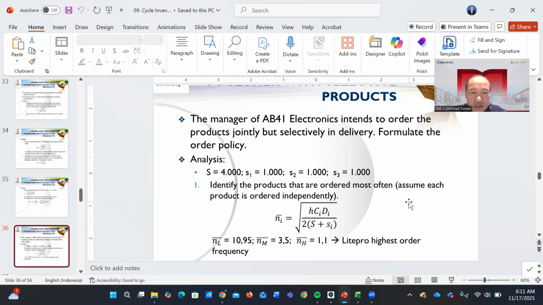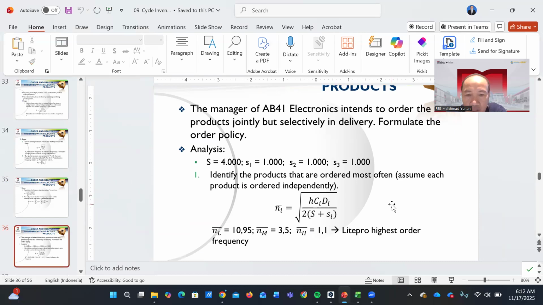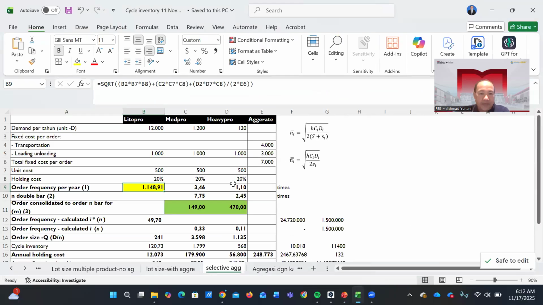Go on the step one. Identify the products that are ordered most often. Assume each product is ordered independently, so we can use the formula of Ni bar. Here, applying the Ni bar, let's do the selective here.